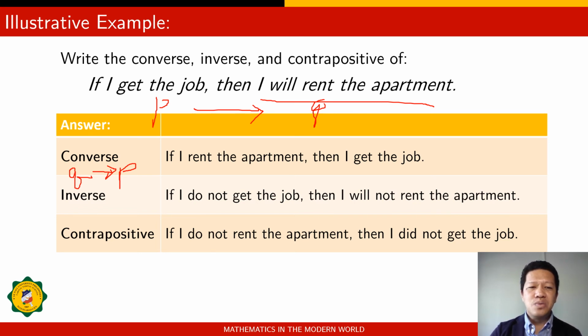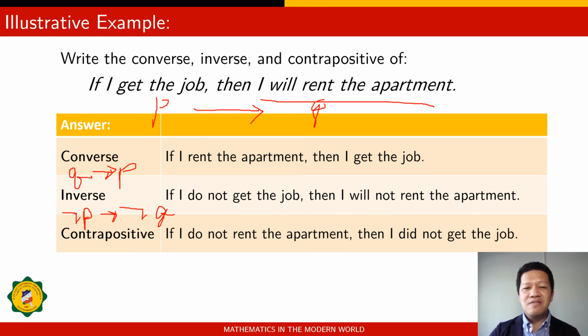The inverse will be, not P implies not Q. So our inverse will be, if I do not get the job, then I will not rent the apartment.